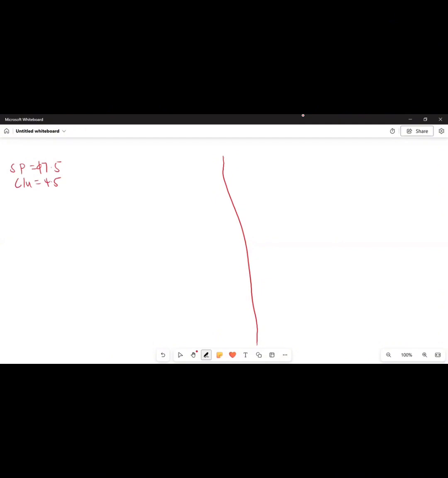So let's find our variable cost per unit. Selling price 7.5 minus VC is equal to our contribution of 4.5. So 7.5 minus 4.5 will give us our variable cost, which is 3.